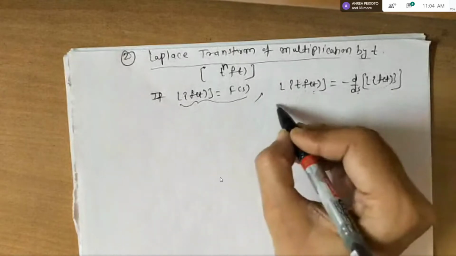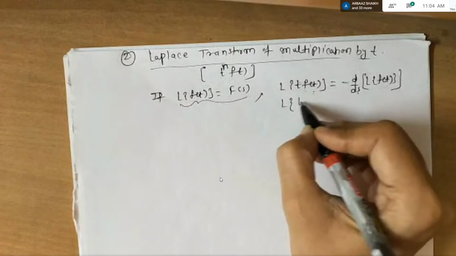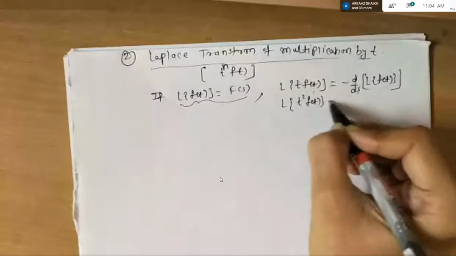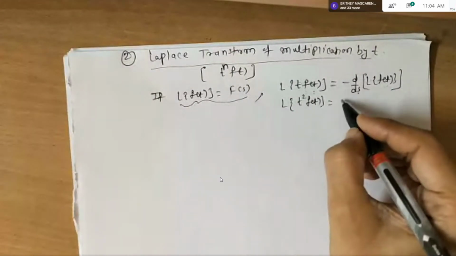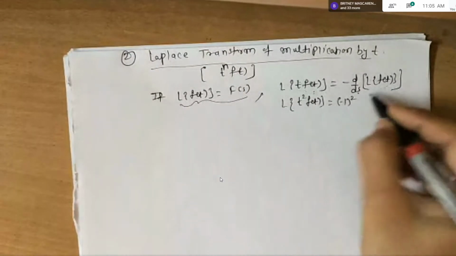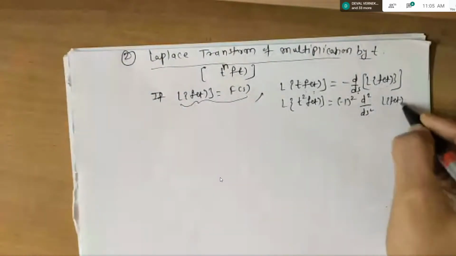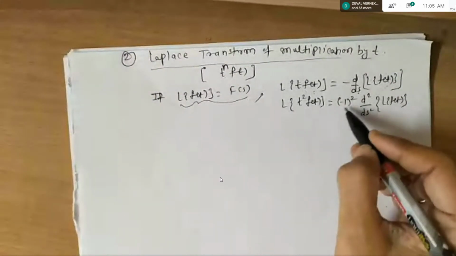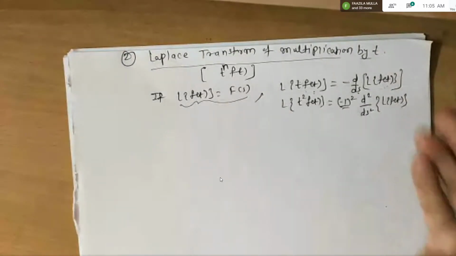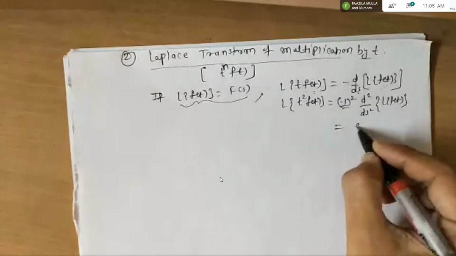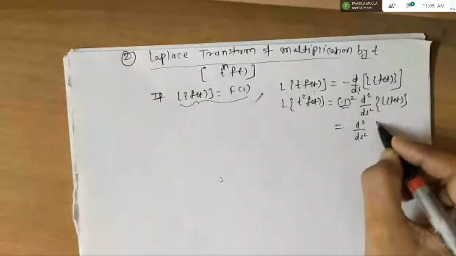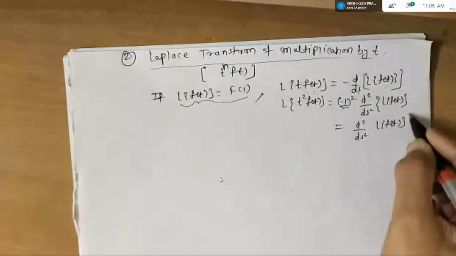Now, the extension is if it is t square into f of t. Here it will be minus 1 square d square by ds square L of f of t. In short, the minus sign will not be there. Negative square is positive, right? So it is nothing but d square by ds square L of f of t.